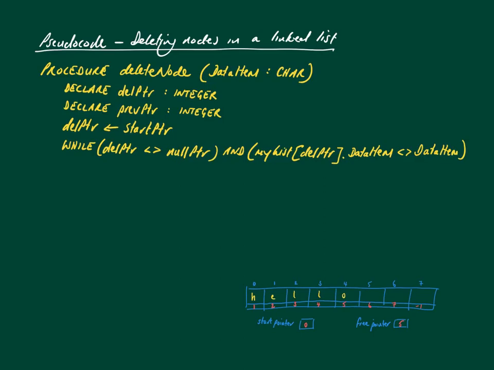But we also want to say that if the delete pointer is not null and the data item of the current pointer is not the data item that we want to delete, then we set the previous pointer to del pointer, and then we get the next pointer in the linked list.